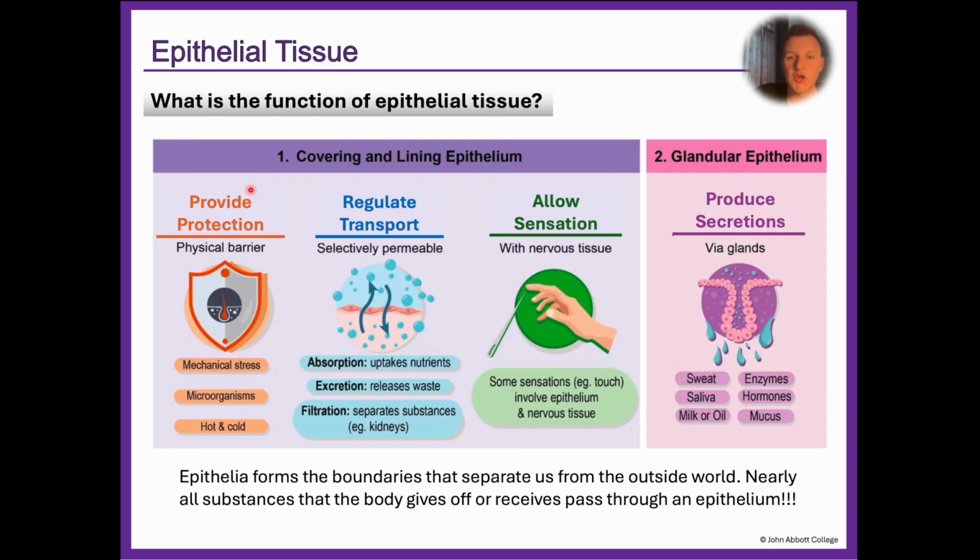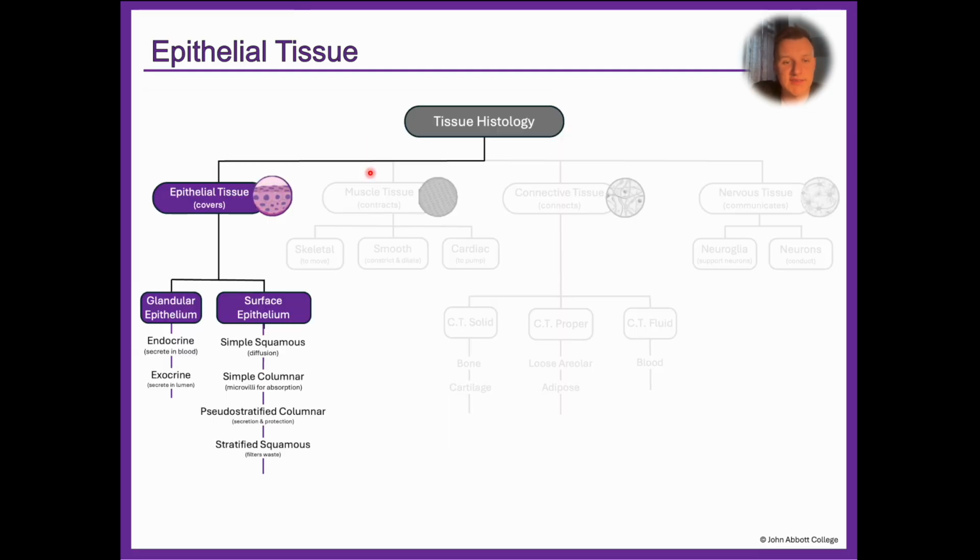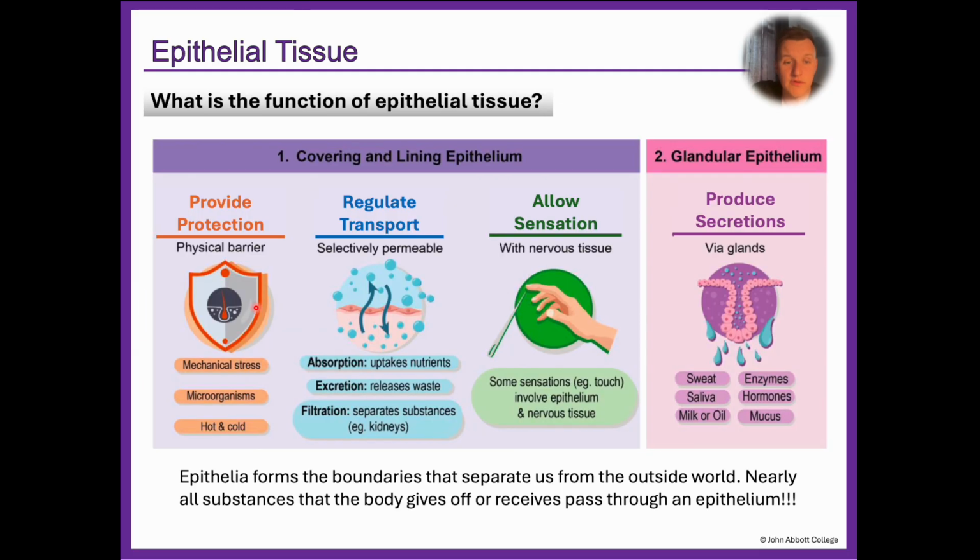Okay. So what are the general functions of epithelial tissue? Well, as I said, there's two subtypes. So for the surface epithelium, the ones that are covering and lining, they provide protection and a physical barrier, right? These, think of things like skin, right? They actually prevent mechanical stresses from hurting and entering into the blood system, right? Think of when we get a cut and we breach the skin.